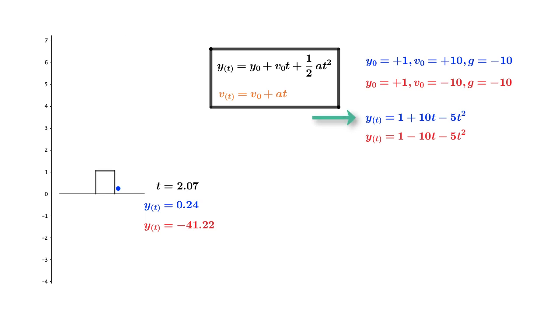Starting off with the blue ball and the blue equation, we have that 0 equals 1 plus 10 times t minus 5 times t squared. Similarly, for the red object and the red equation, we have 0 equals 1 minus 10 times t minus 5 times t squared. These are two separate equations and two different times, one for the red object and one for the blue object. However, in both cases, we have one equation and one unknown.